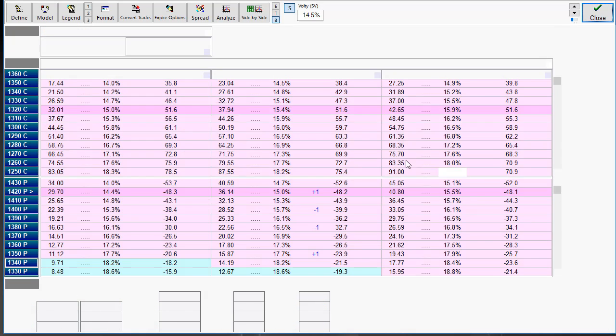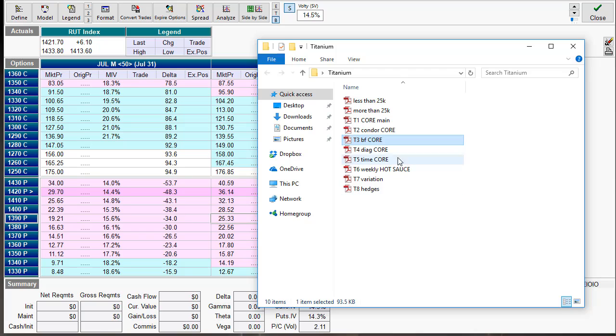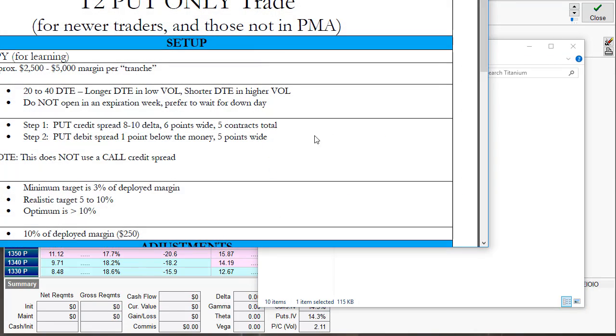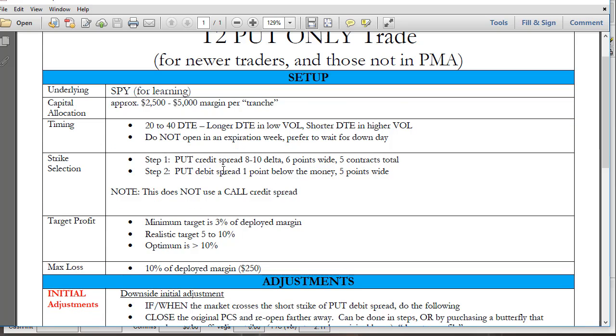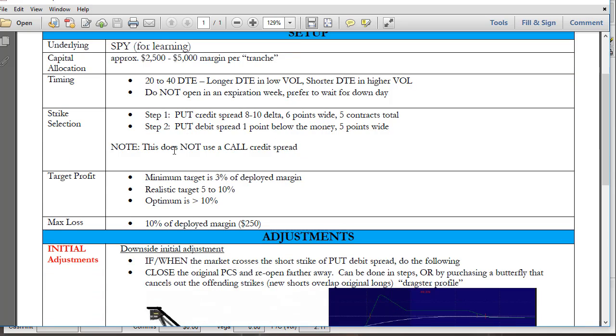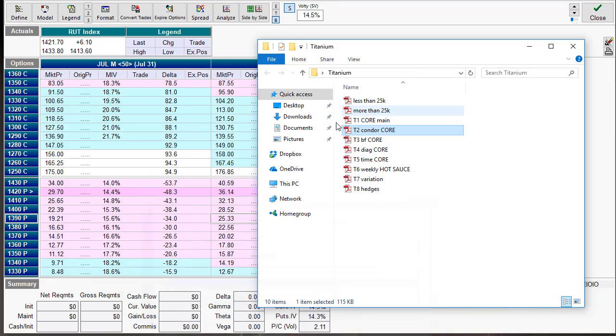It's just you have a lot more flexibility, and you'll clearly be able to see that. It's going to be unpacked extensively in here, where we talk about why we pick the strikes we do and what the first and subsequent adjustments are that we're going to make.